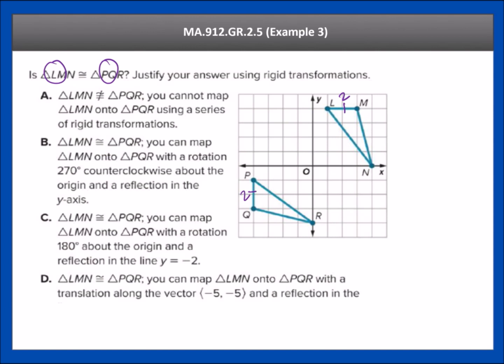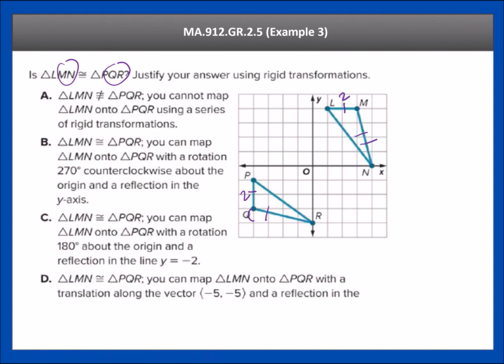For QR, this is 1 and 1, 2, 3, 4. And QR has to map to MN. So that's 1, 1, 2, 3, 4. That looks good. So these are congruent as well.